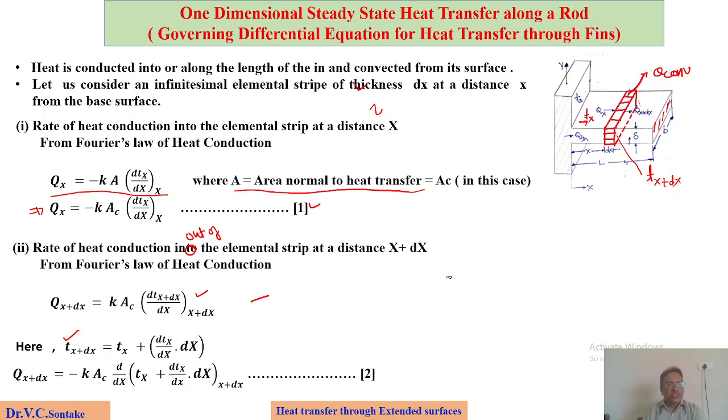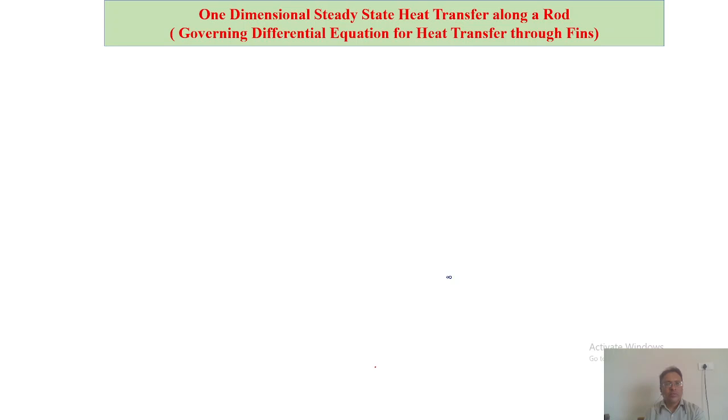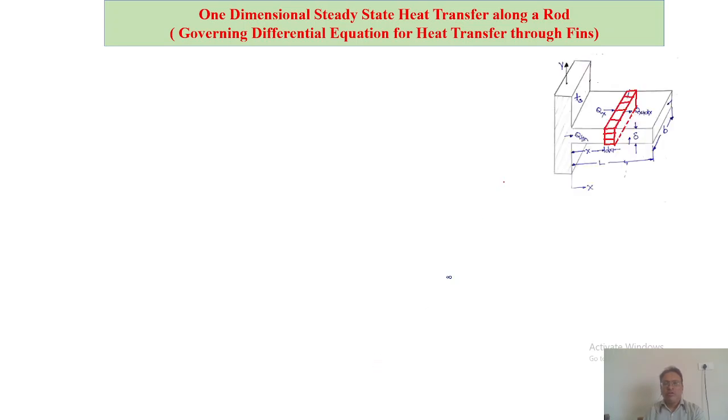So q(x+dx) will be equal to minus k Ac d by dx of T(x) plus dT(x) by dx into dx, at the distance of x plus dx. Let us say this is equation number 2. So we have found the expression for q(x+dx).